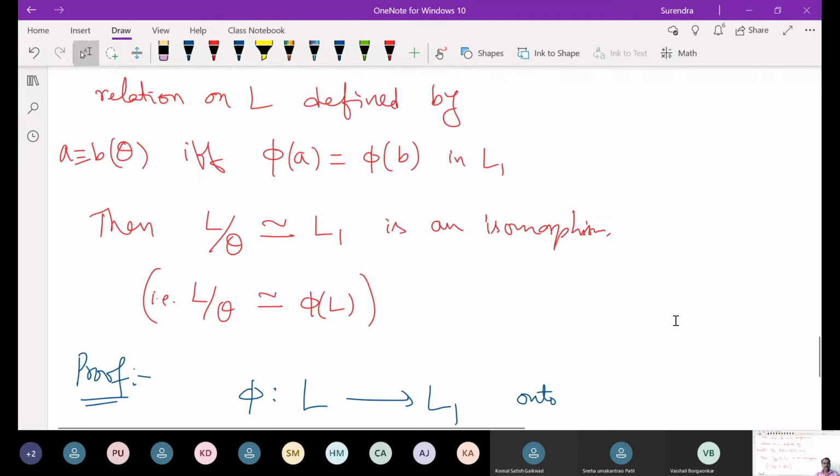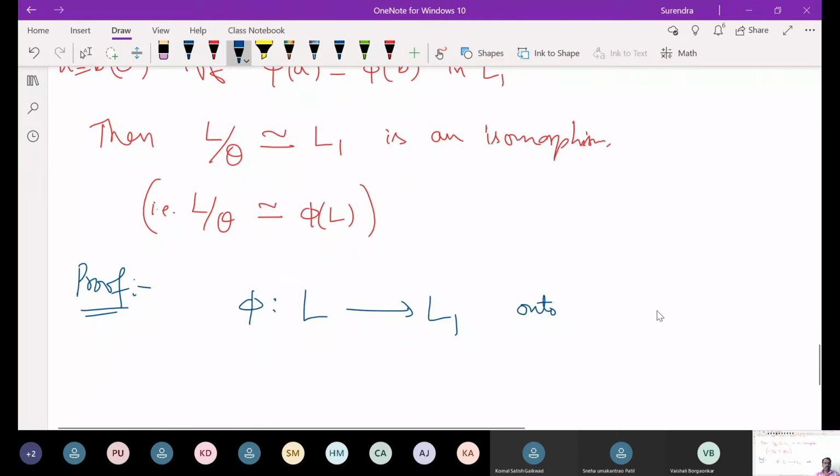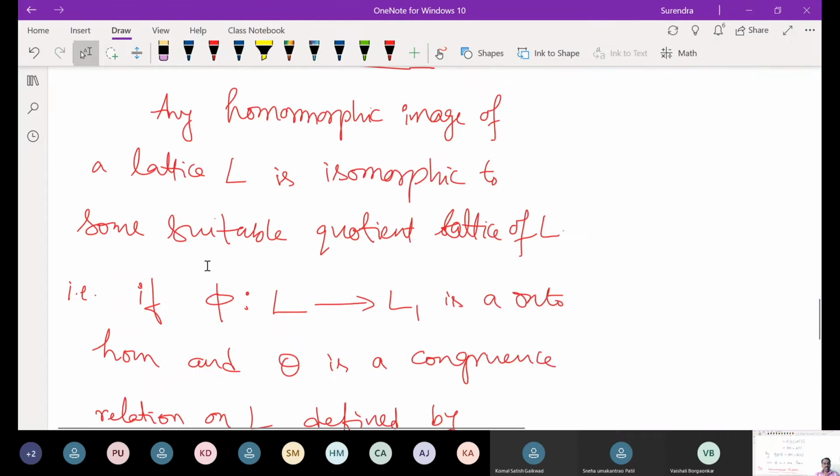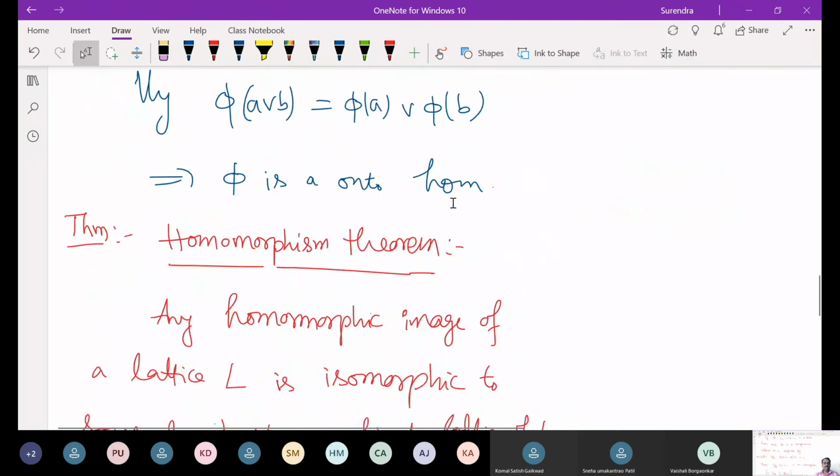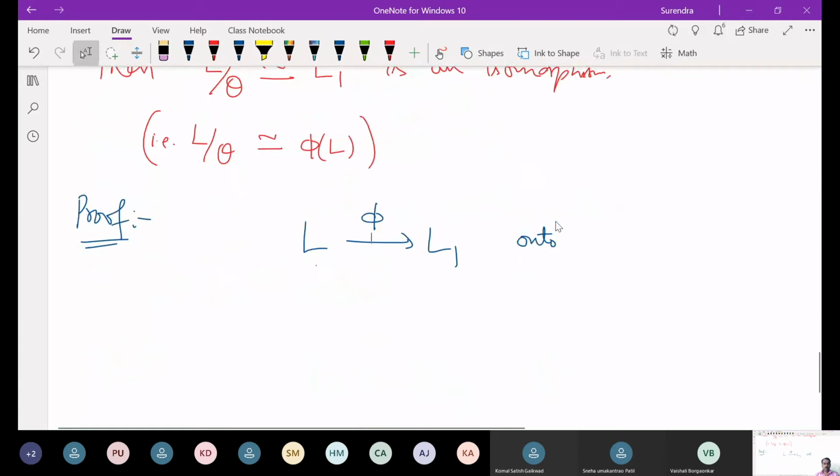We also discussed that there is a natural homomorphism from L to L modulo theta.